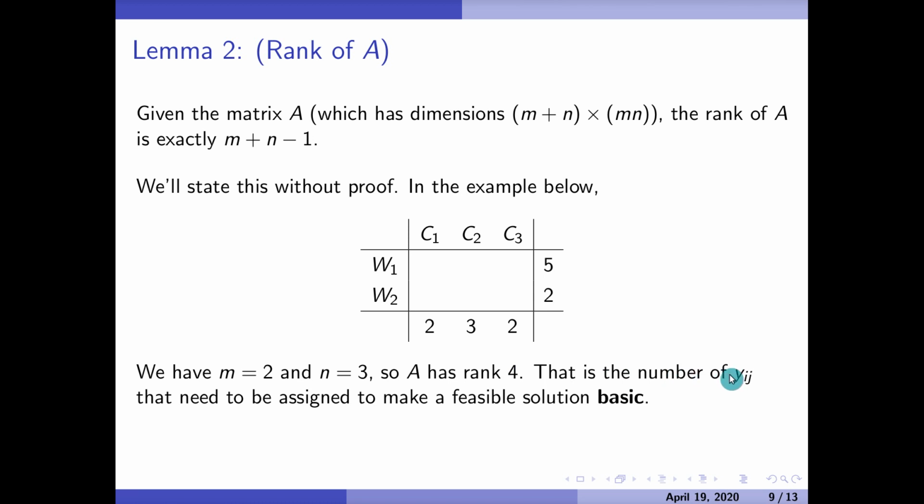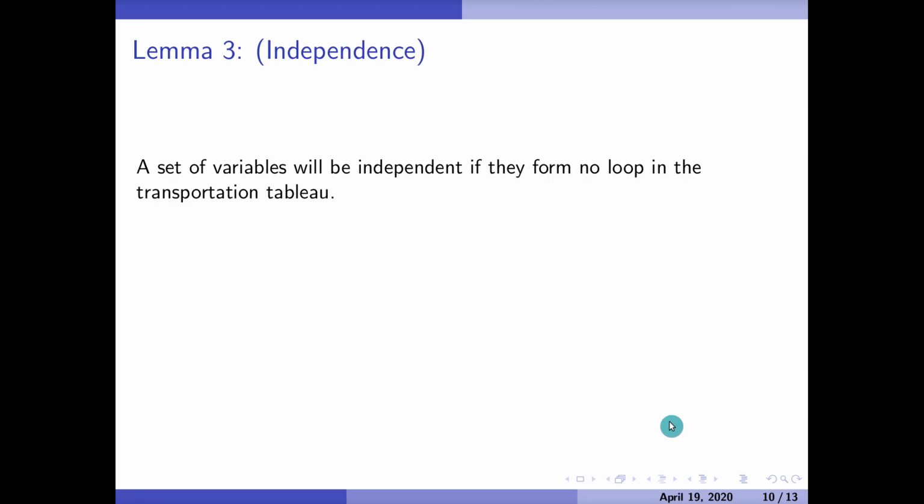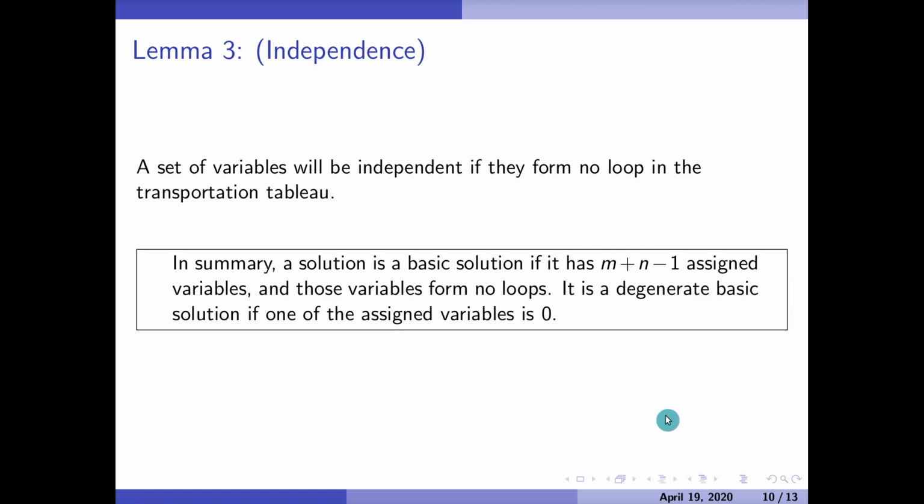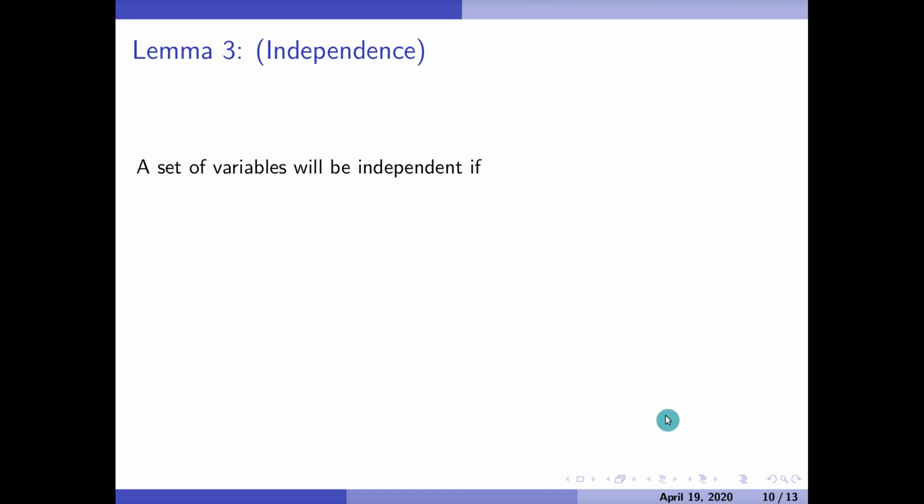And so that means the number of decision variables that I need to make the solution basic is 4, right? I need to assign 4 variables to be basic. Okay, and now remember there's a linear dependence among the variables.